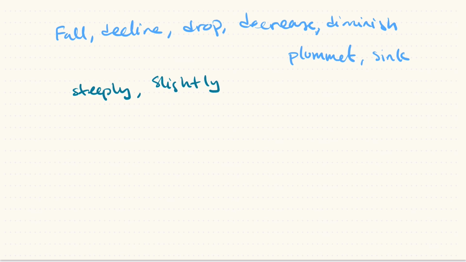So you can say the temperature, or the average temperature, dropped slightly by 5%. So these are the verbs that you can use for a decreased trend.